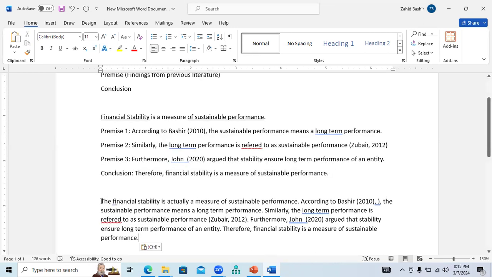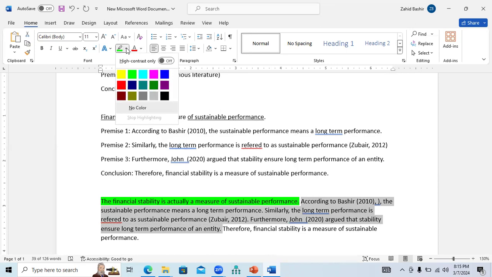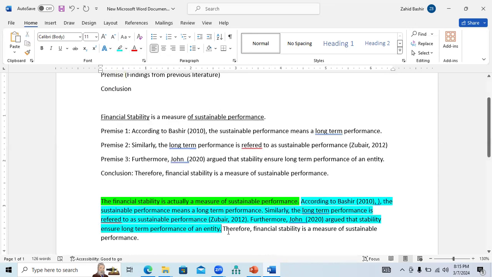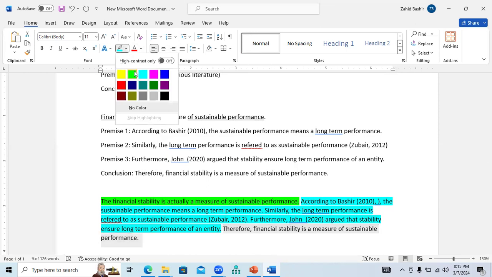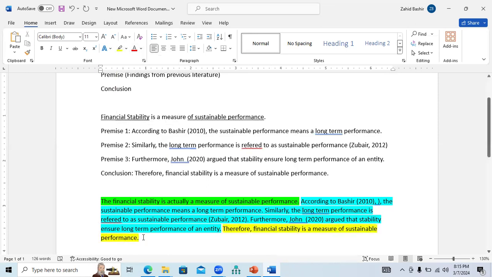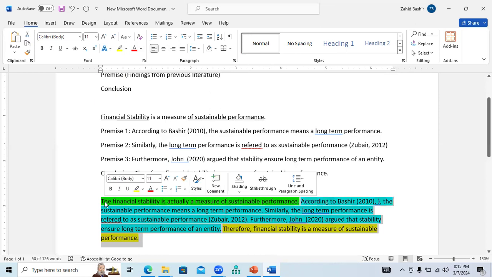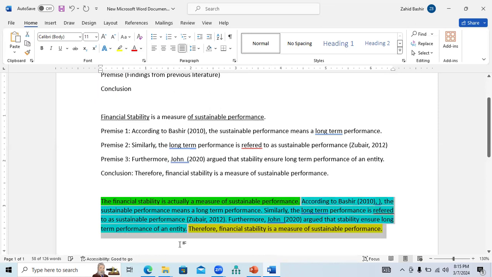This is the initial claim which I was claiming, and then I made premises in an argumentative form like this, and then I conclude like this. So this is a complete piece of an argument. This is the way you can create an argument in your literature review.